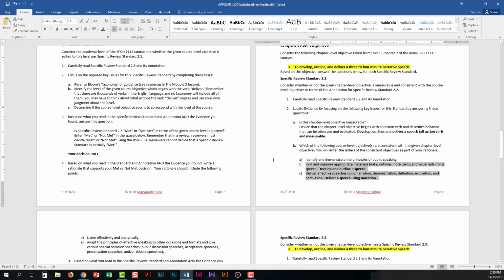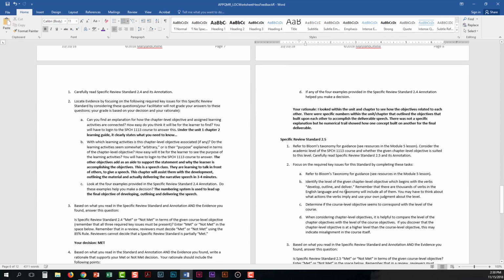So is that A, D, or E, keeping in mind that if any element of the course objective is something that students use in developing, delivering, or outlining a speech, then that would mean that it's consistent with that particular objective. So you don't have to add any more to that, but I wanted to clarify what I was trying to say in my feedback there.